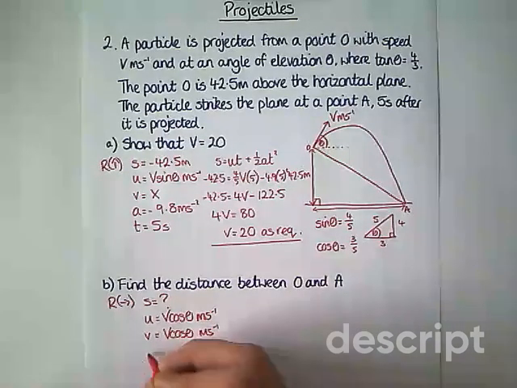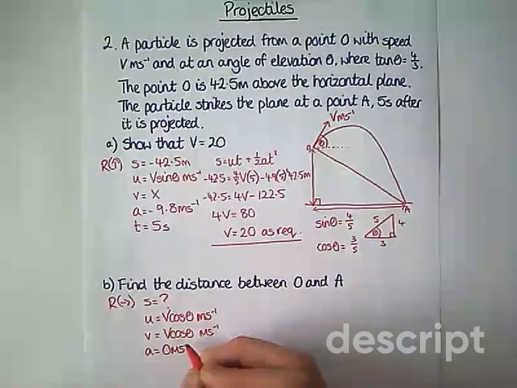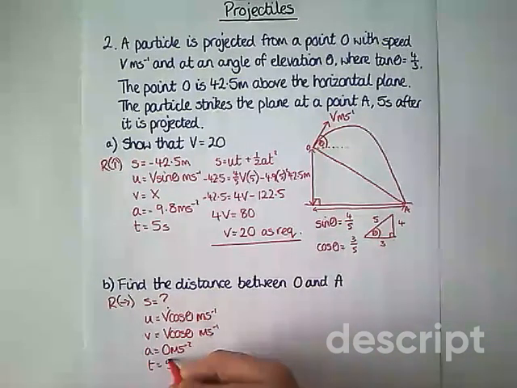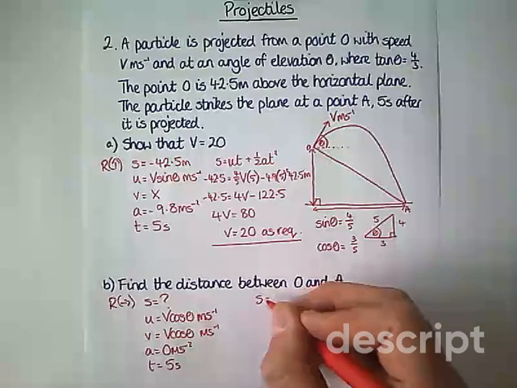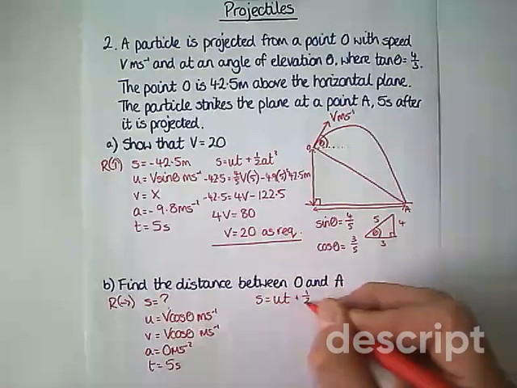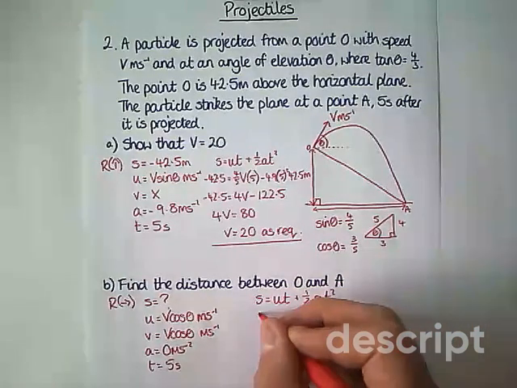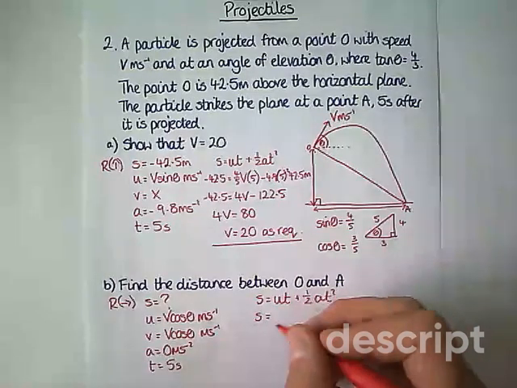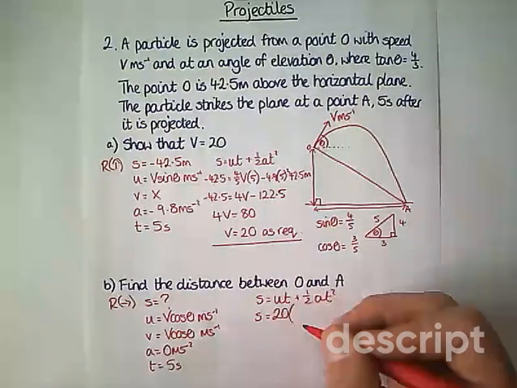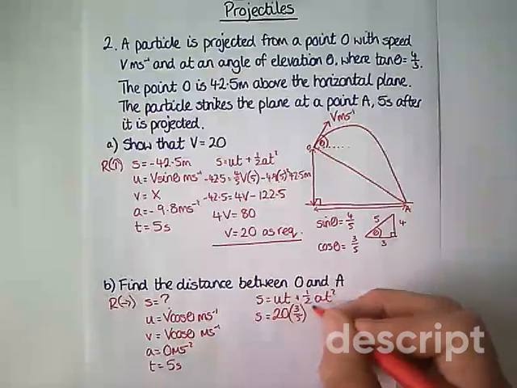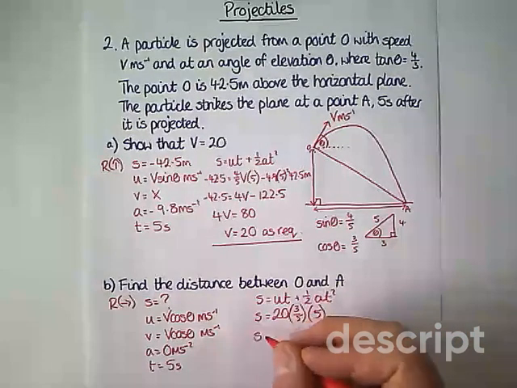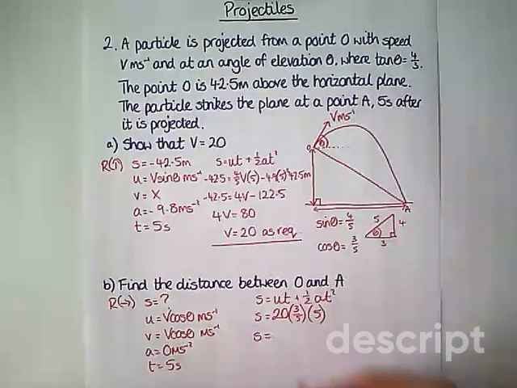Our acceleration is 0, and we know our time is 5 seconds. So using s equals ut plus a half at squared, we get s equals 20 times 3/5 times 5. So that is 60.